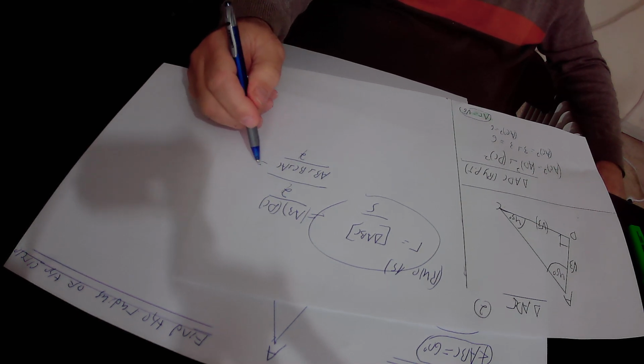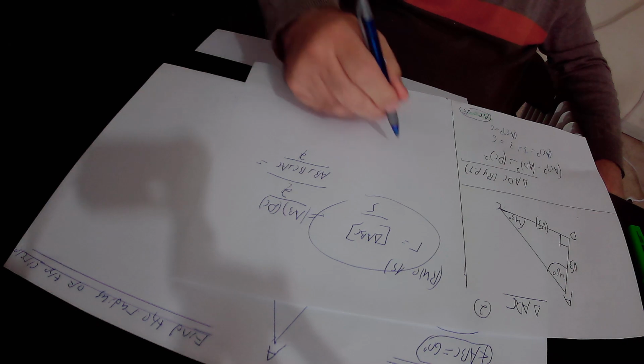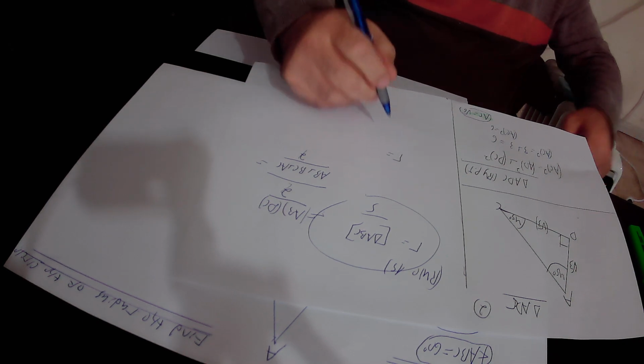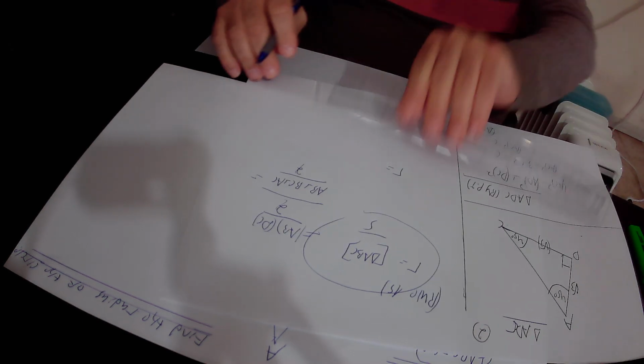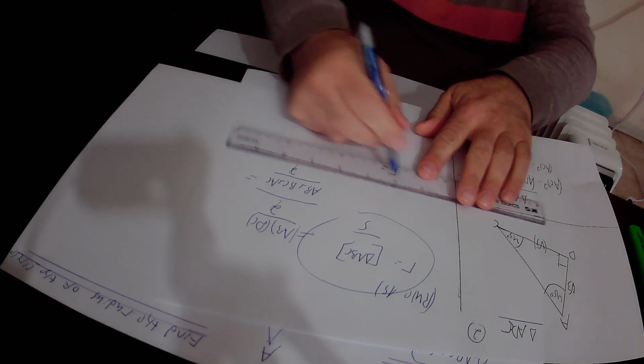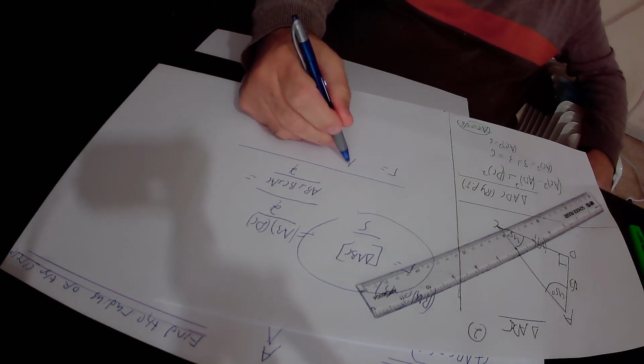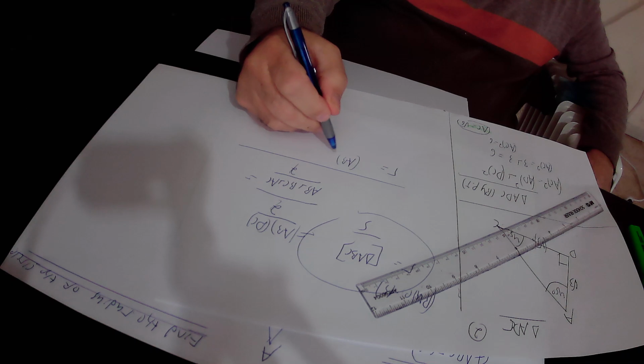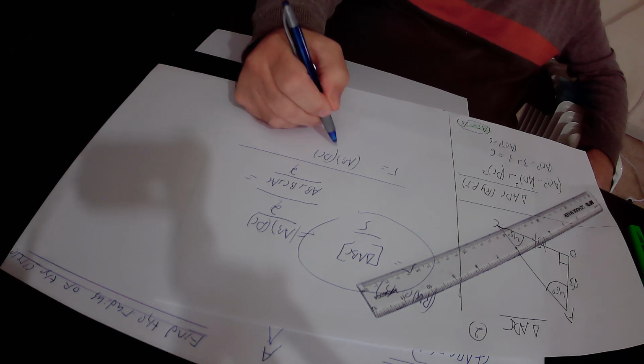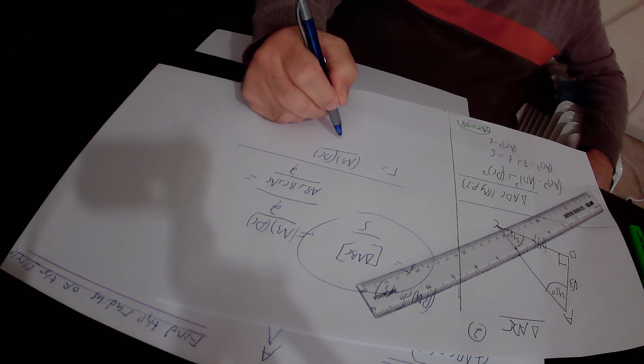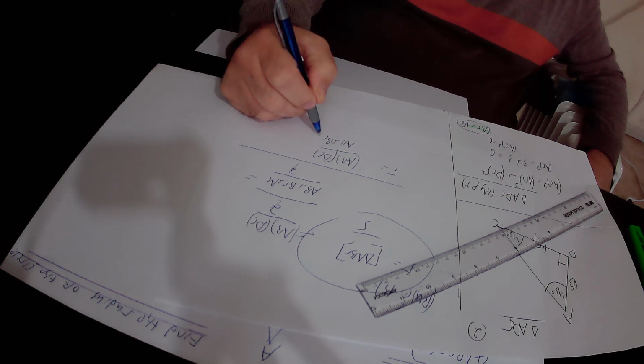And finally we found out that the radius of the circle that is described by triangle ABC equals AB times DC over AB plus BC plus AC.